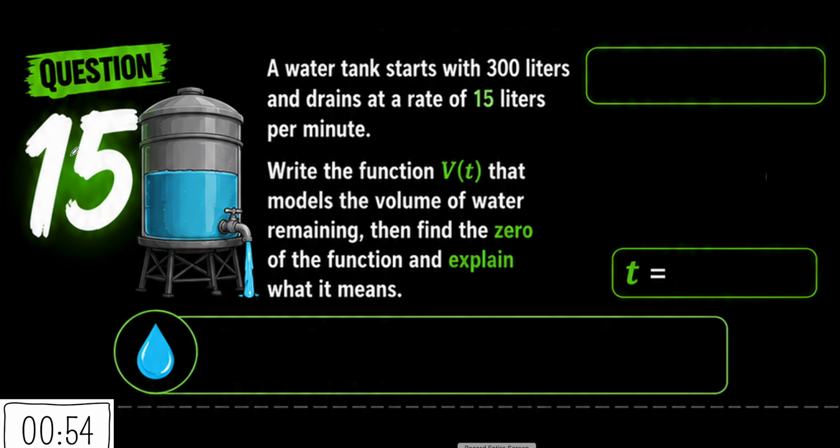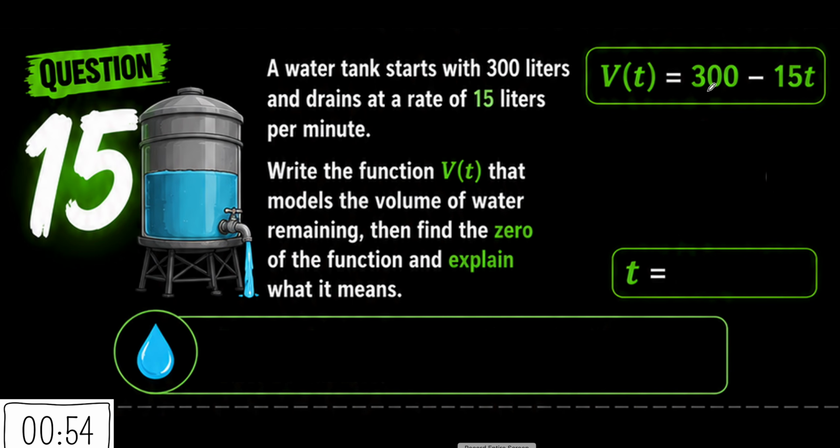So, question number 15. A water tank starts with 300 liters and drains at a rate of 15 liters per minute. Write the function v of t that models the volume of the water remaining, then find 0 of the function and explain what it means. So here, alam natin na ang formula or function natin is v of t, that is the volume of the water.